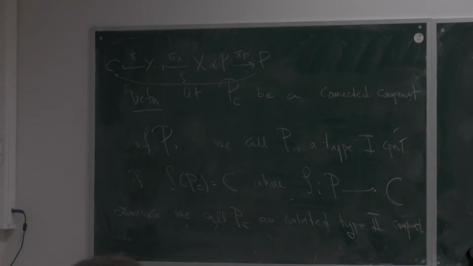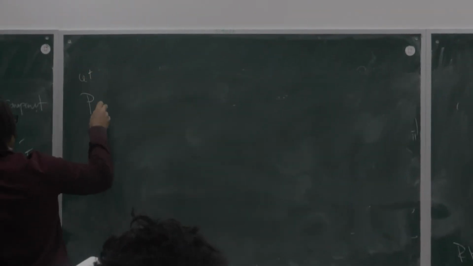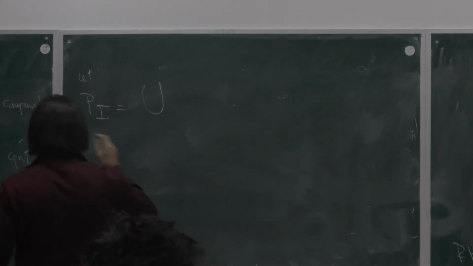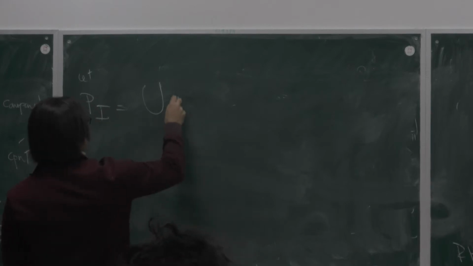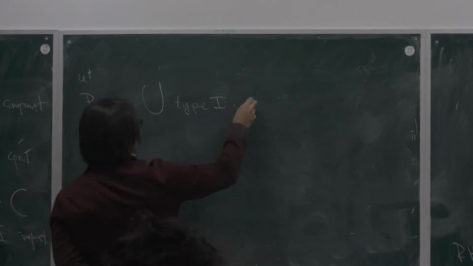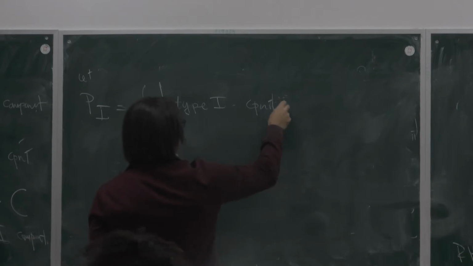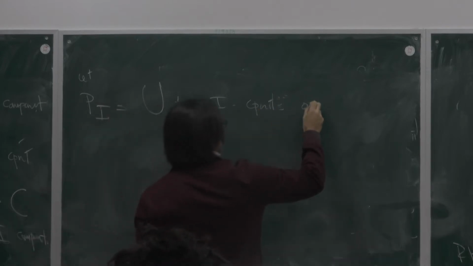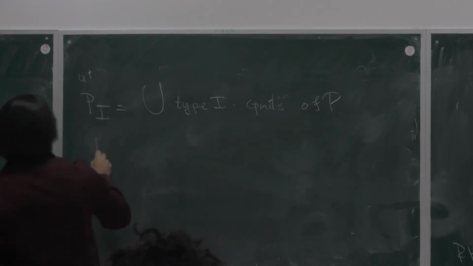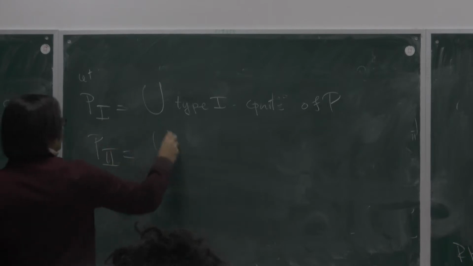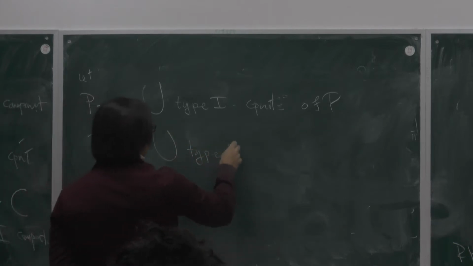Okay. So if you have something like this, let P^(1) be the union over all type 1 components of P, and P^(2) the union over all type 2 components.